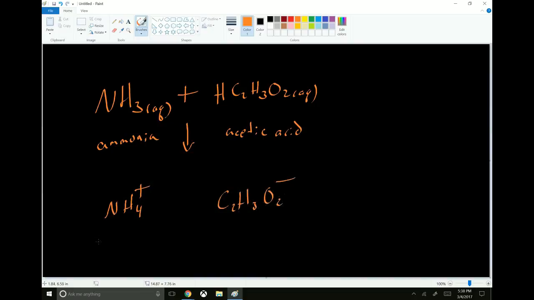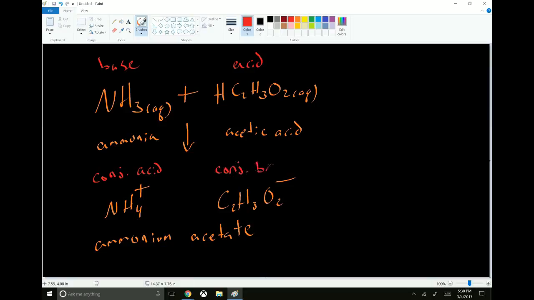In other words, ammonium acetate. And in this situation, ammonia is a base, acetic acid is an acid, ammonium is the conjugate acid of ammonia, and the acetate anion would be the conjugate base of acetic acid.